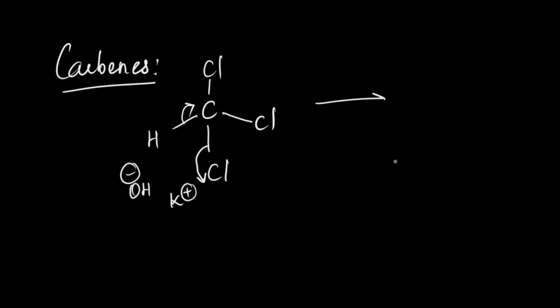So this will create an empty orbital over here, and this will create 2 electrons on the carbon. The remaining products, KCl and H2O, will be formed. Okay.